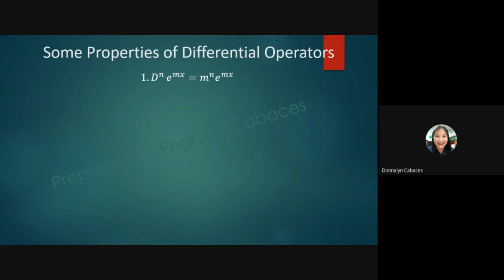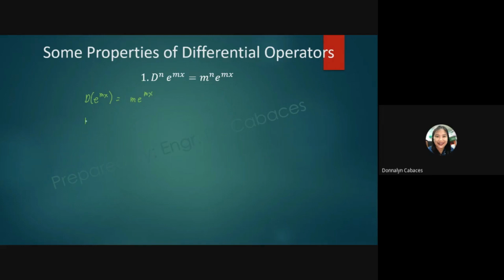So the first property is the d to the n e to the mx is equal to m to the n e to the mx. So let us show, if you have the derivative of e to the mx, that would be equal to what? M e to the mx.